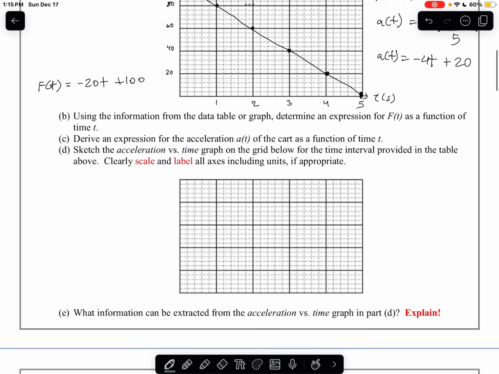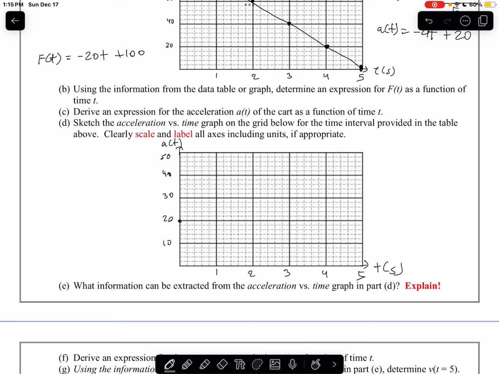And then to sketch that, the x-axis is seconds, and the y-axis is acceleration, by 10s up to 50: 10, 20, 30, 40, 50, and 1, 2, 3, 4, 5.